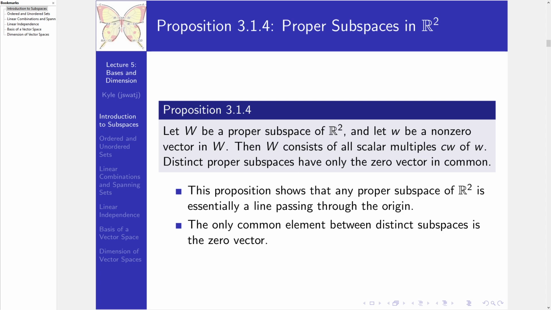And distinct proper subspaces have only the zero vector in common. Basically, this is talking about lines in R squared, because the only proper subspace of R squared would be a line. And this is saying two things: they consist of scalar multiples and they only share the zero vector.